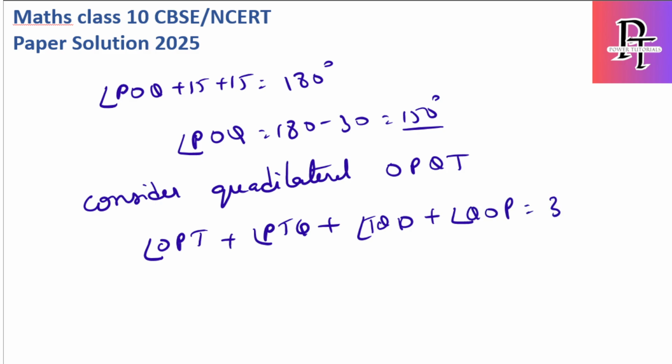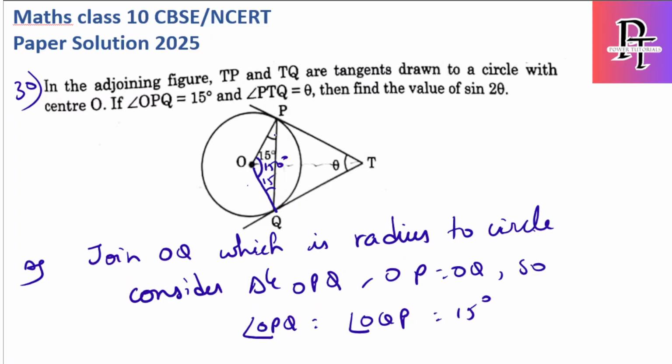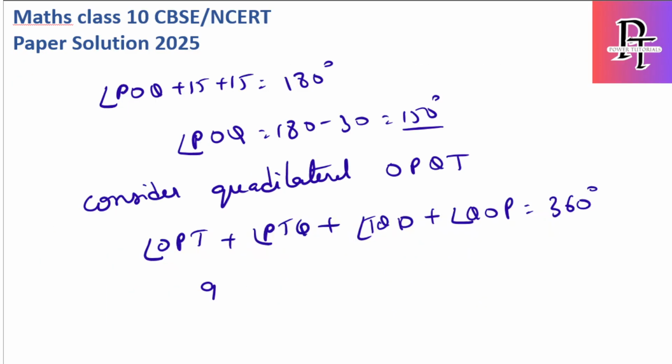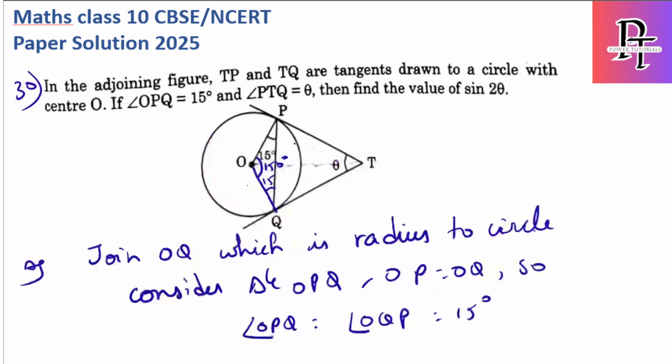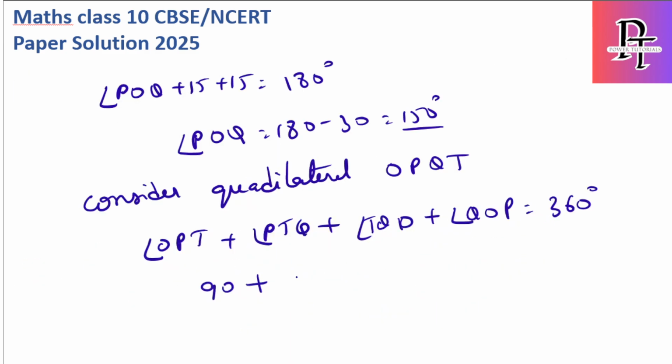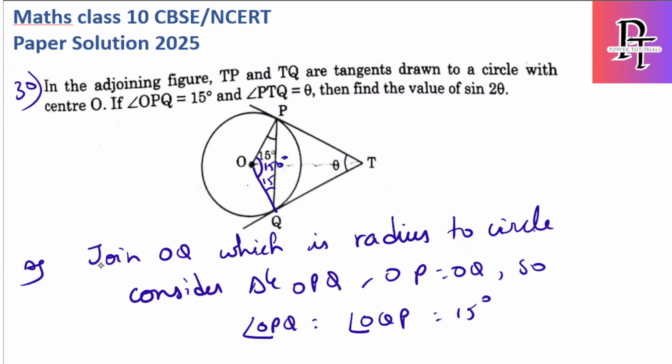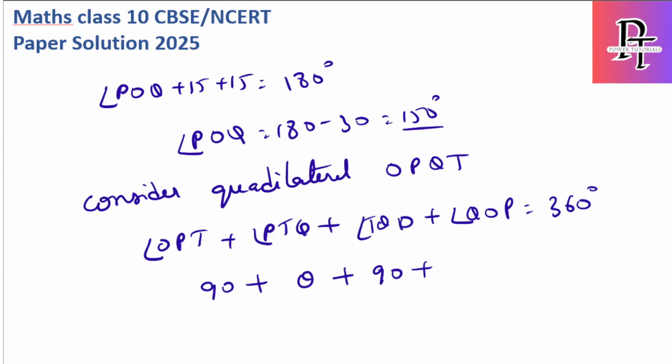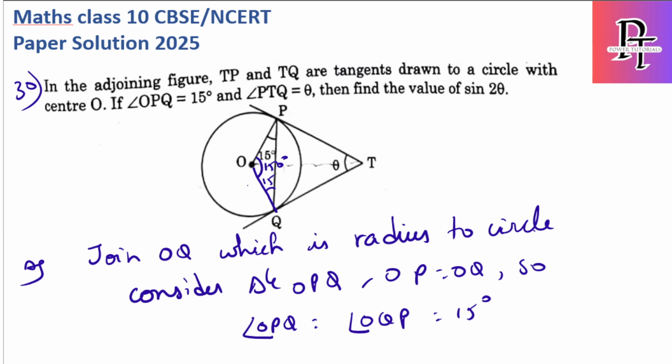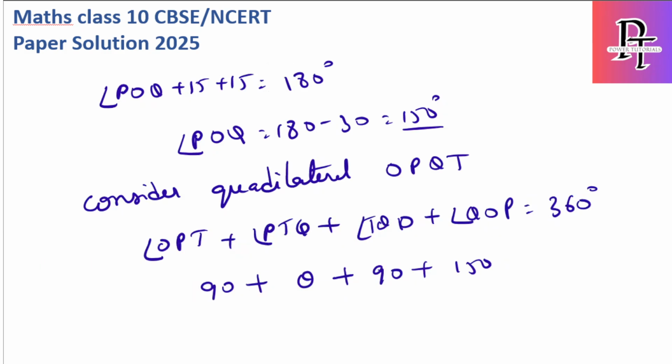The summation of all angles of a quadrilateral is 360 degrees. OPT is a tangent angle, which is 90, plus PTQ is the one which you need to find, let's write it as theta. TQO is again 90, plus QOP we just found, which is 150 degrees, is equal to 360. So it is theta plus 180 plus 150, which is 330 degrees, is equal to 360. So theta is equal to 30 degrees.